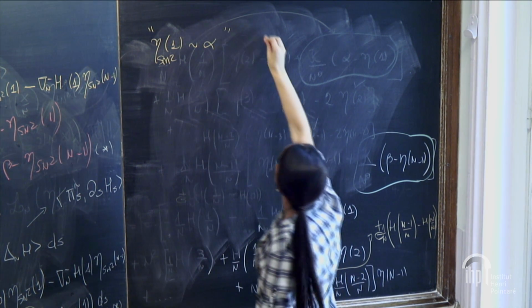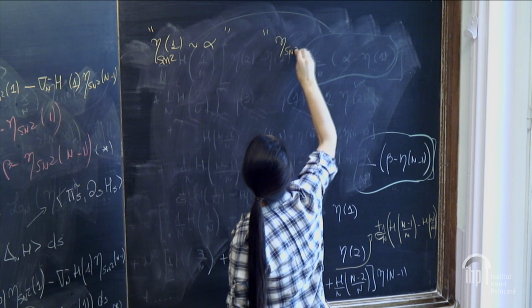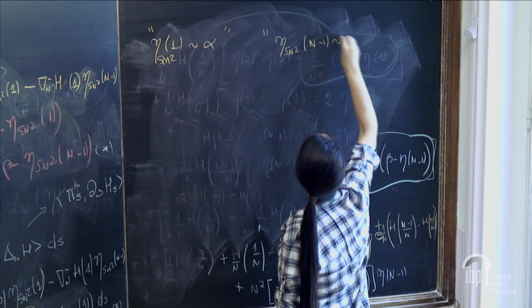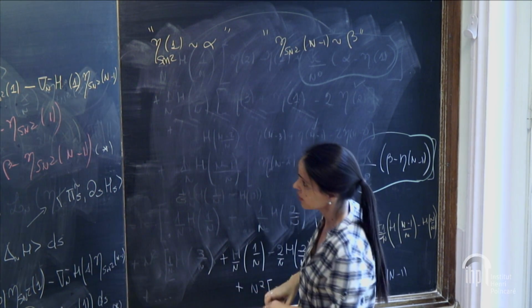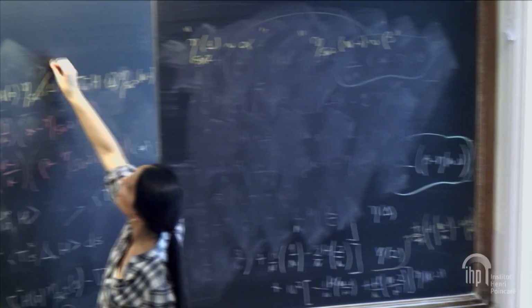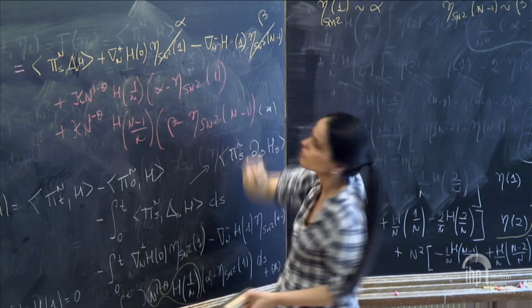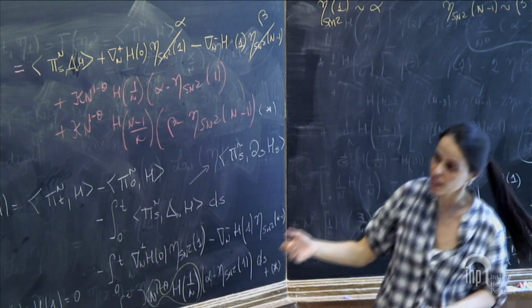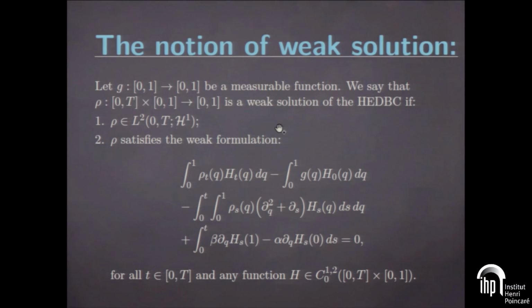And the same thing for the n minus 1, I can replace it by beta. So if I do that, then here I would have an alpha, here I would have a beta, and when I take the limit, I should get exactly these two terms. This term which is here and this term which is here.